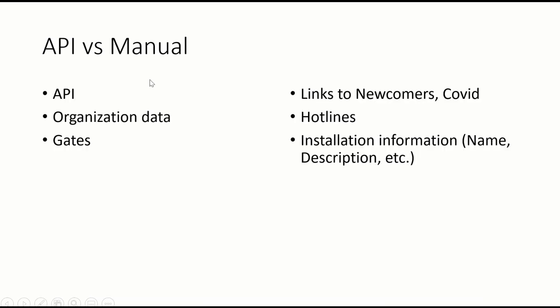Okay, so let's do a recap of what's coming through the API and what's manual right now. All of the organization data, so that's all of your express objects that are phone numbers, lat longs, descriptions, all that kind of stuff that shows up in the installation directory.